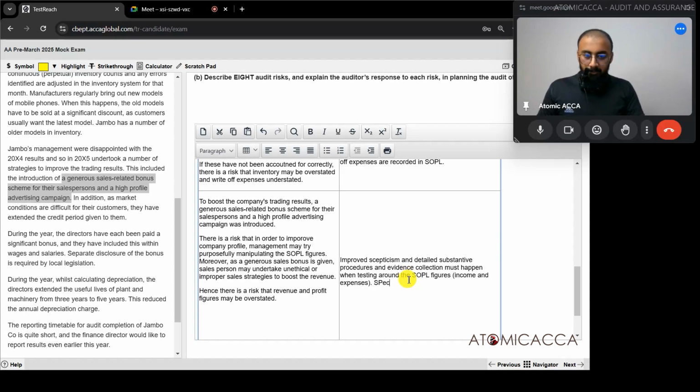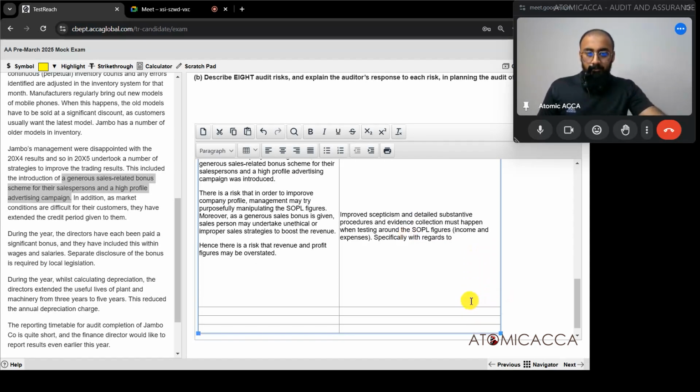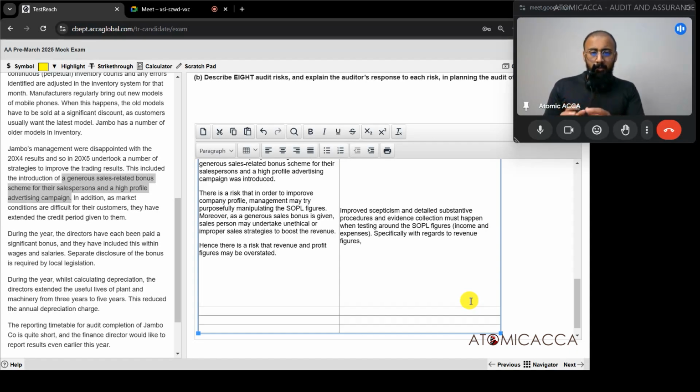Specifically with regards to revenue figures. Now, where are chances of boosting going to happen?